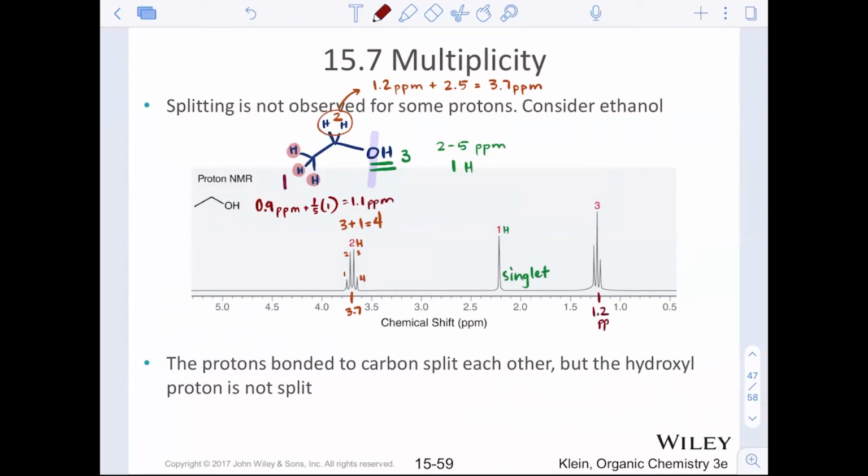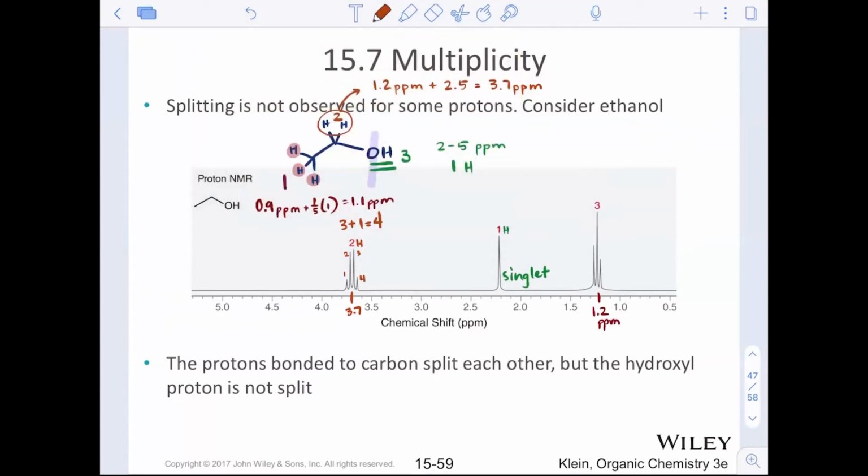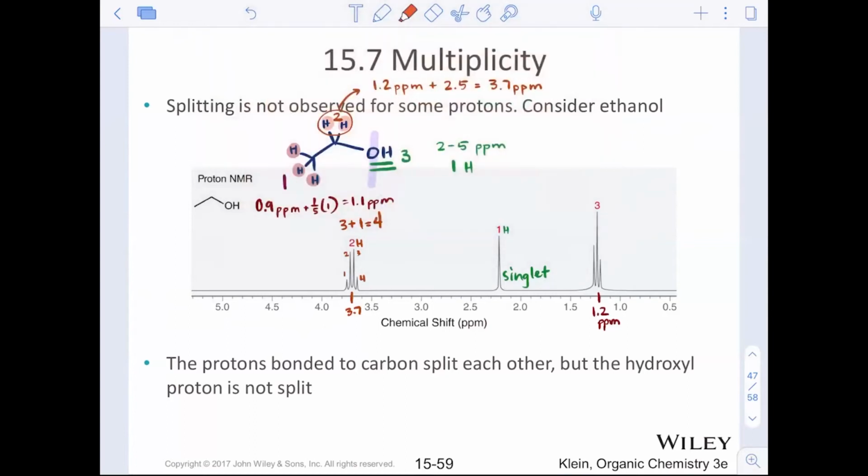Close enough, right? Very, very close. Now here we have the 2 neighbors that we saw from the CH2 group. 1, 2 neighbors. So 2 plus 1 equals a triplet.